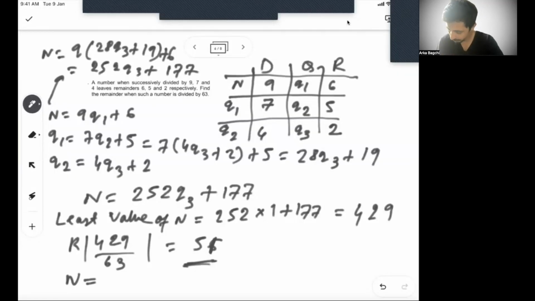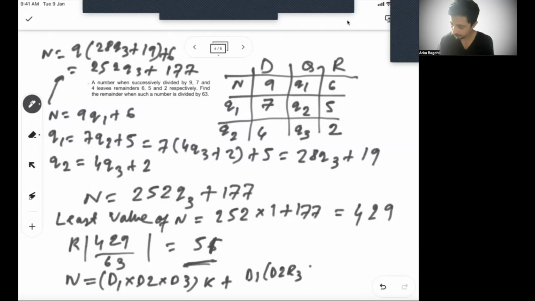N is D1 into D2 into D3 into K, plus D1 into D2 into R3 plus D2 into R2 plus R1. D1, D2, D3 are your three divisors, here 9, 7, and 4, and R1, R2, R3 are your three remainders.